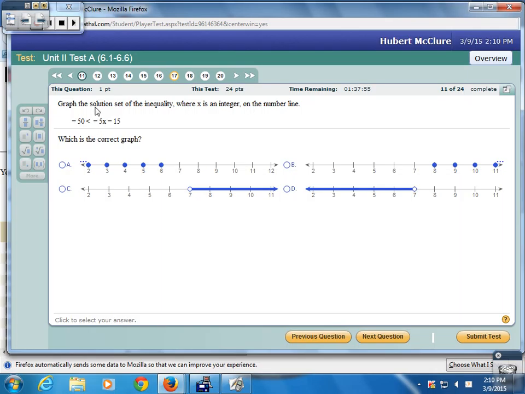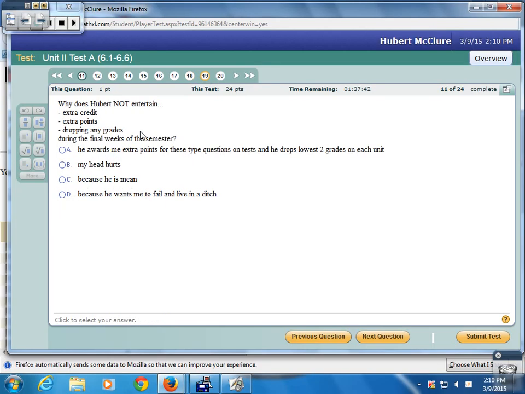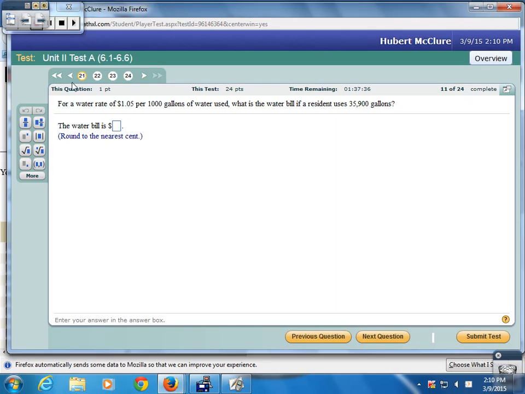Bring the negative 5x over, and then solve it. Multiply through by 3. For the water rate, this is direct proportion. 1.05 over 1,000 is equal to x over 35,900. We did one of those in class.